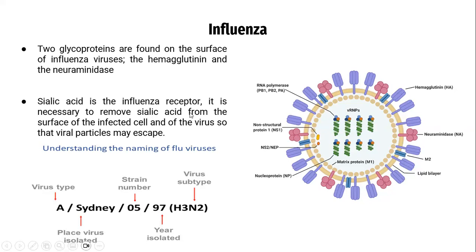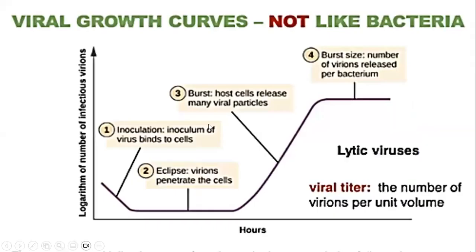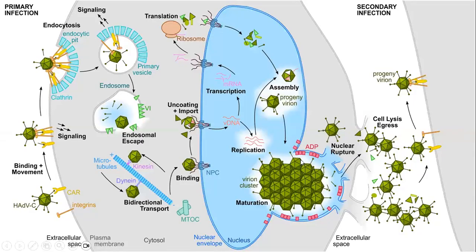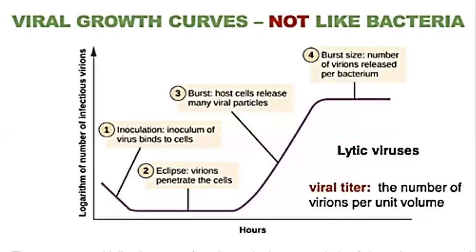And when it leaves, in this case, it breaks open the cell. But there are some cases where the virus would leave through budding out, so you'd have exocytosis. So it would bud out of the cell.